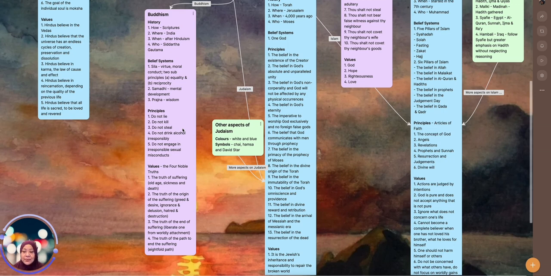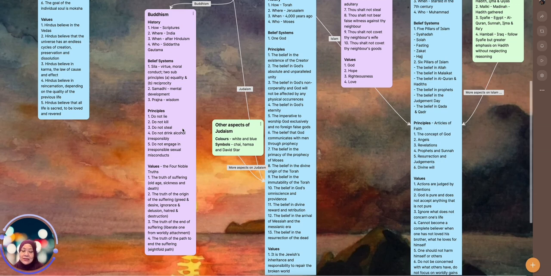The first one, the truth of suffering: old age, sickness, and death. That's number 1. The second value is the truth of the origin of suffering. And this truth can come in 3 paths: greed and desire, ignorance and delusion, as well as hatred and destruction.